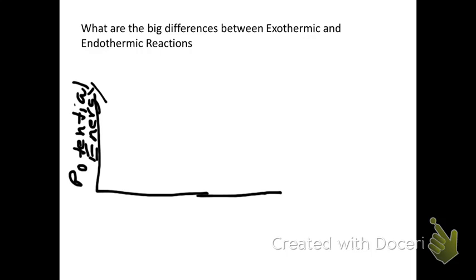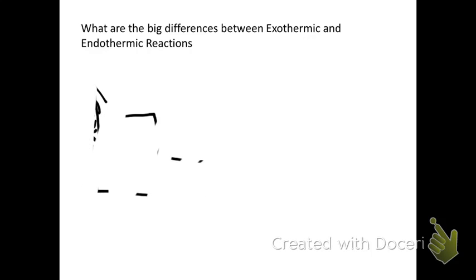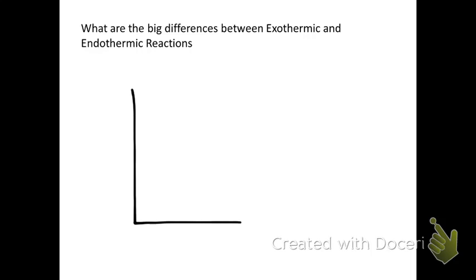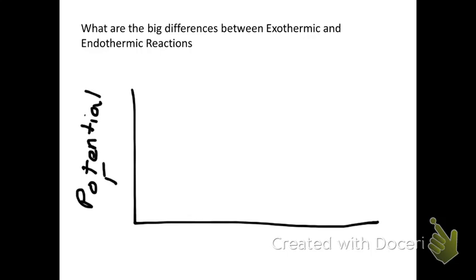I like how this graph is turning out. Let me make it a little bit bigger. There we go. So potential energy there, and then we're going to draw the graph here.